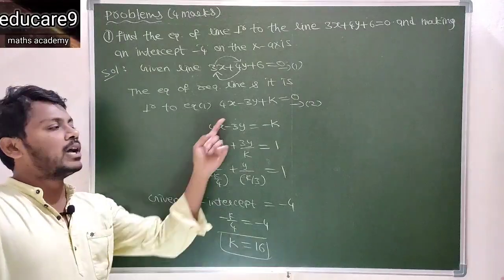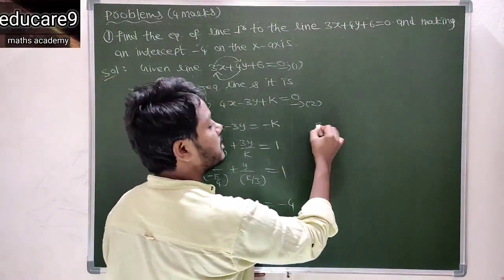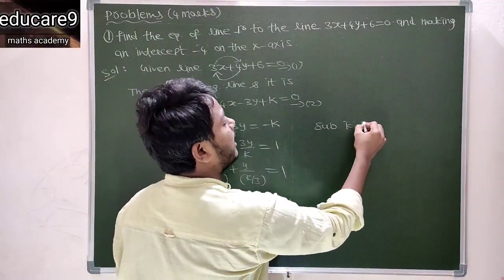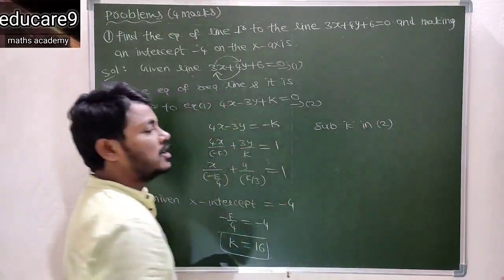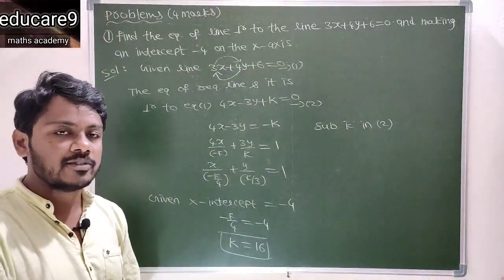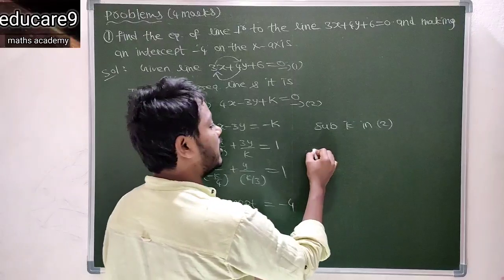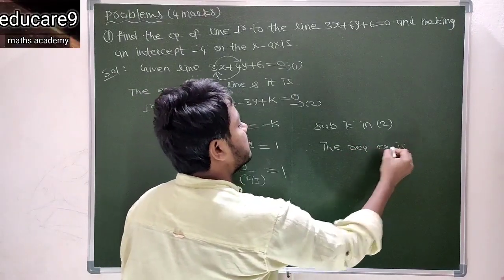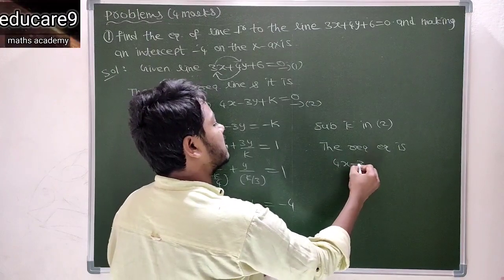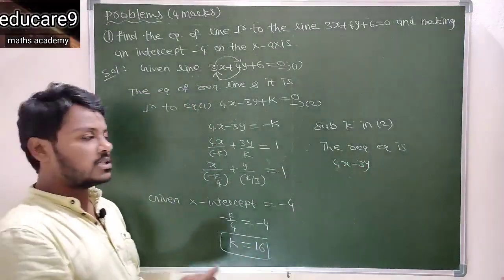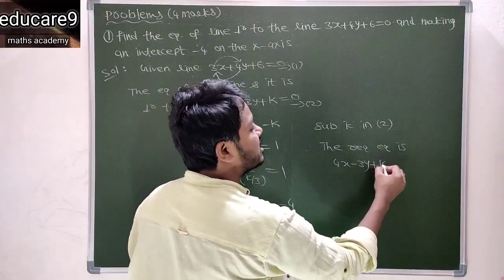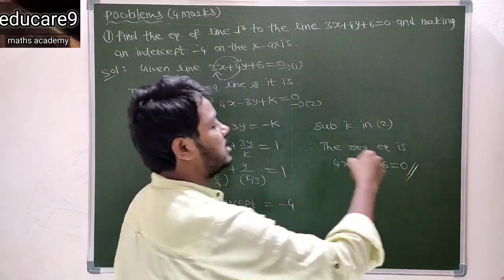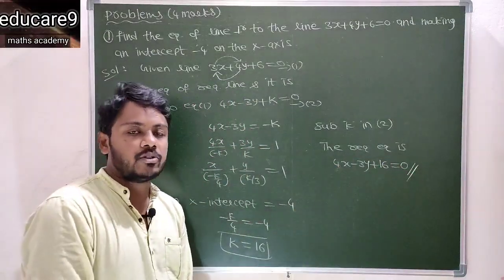Now substitute the k value in equation 2, and we will get the required equation of the straight line. Therefore the required equation is 4x minus 3y, and k value is 16, so plus 16 equals 0. So this is the required equation.